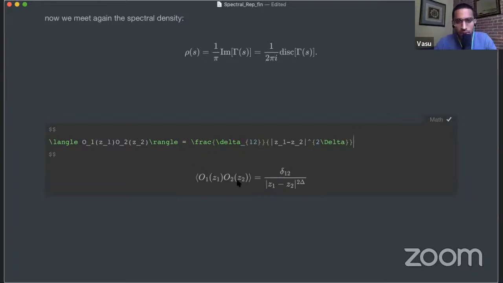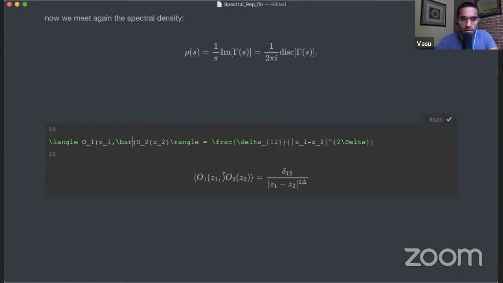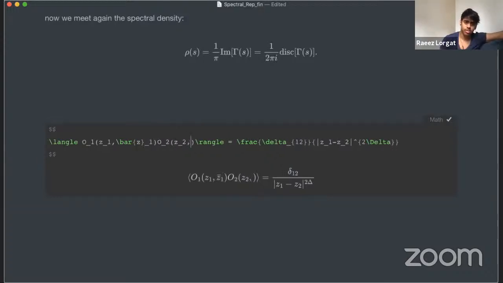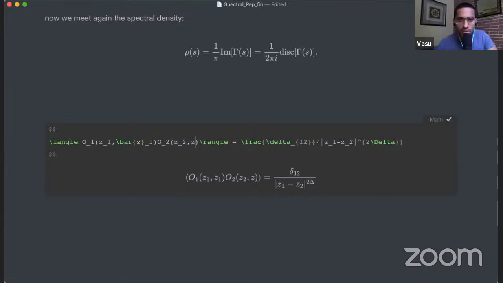So what we have here is a delta function that sets O1 and O2 to be the same operator, and the exponent here to be 2 delta. By Z1, I really mean Z1 bar Z1, if I want the modulus there. Otherwise, this would just be the chiral part.